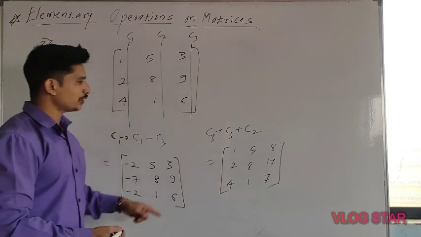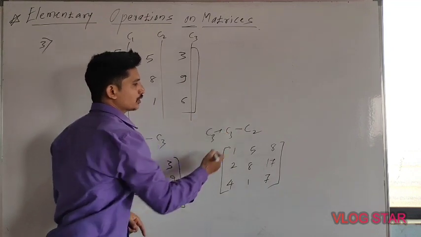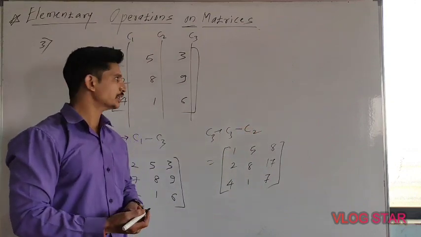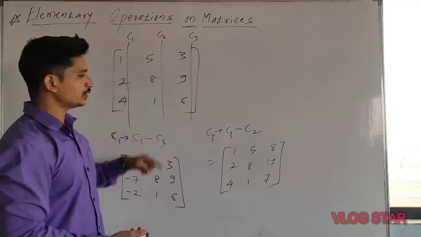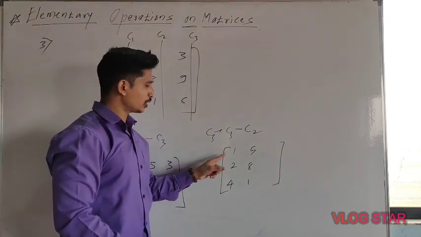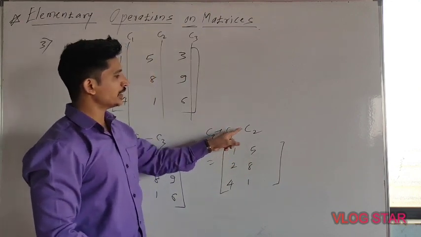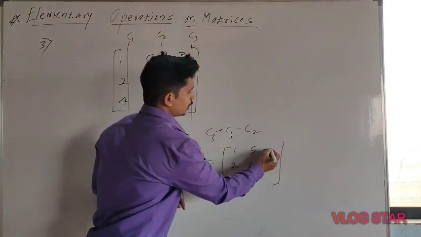Okay. Now here column 3 also. Column 3 I will do subtraction of column 2. Column 3 minus column 2. So let's see here. Column 3 is here. 3 minus 5, minus 2. So I am changing column 3 here. Column 2 and column 1 are as they are. Okay. So column 3 minus column 2. 3 minus 5 is minus 2.